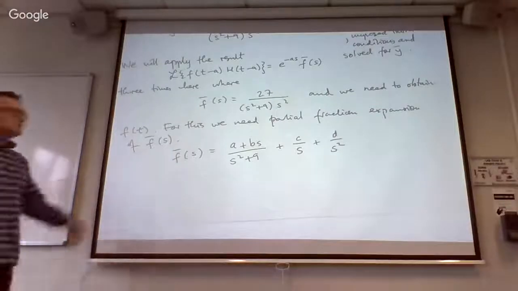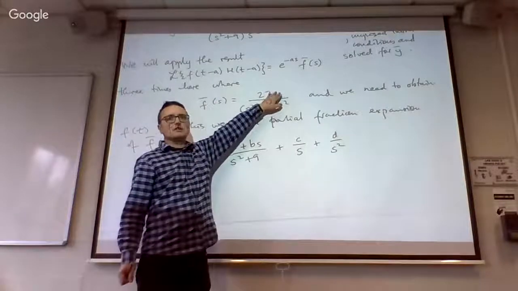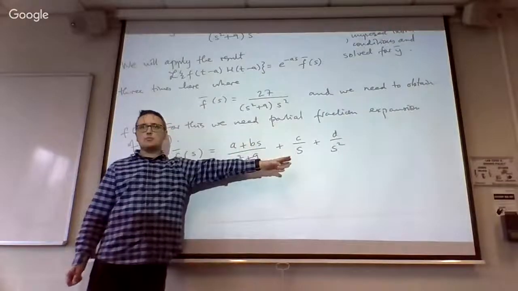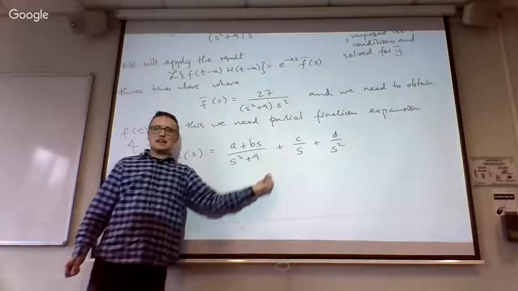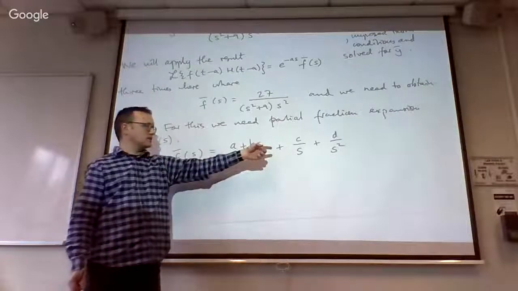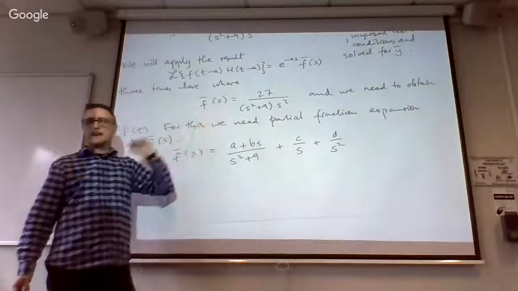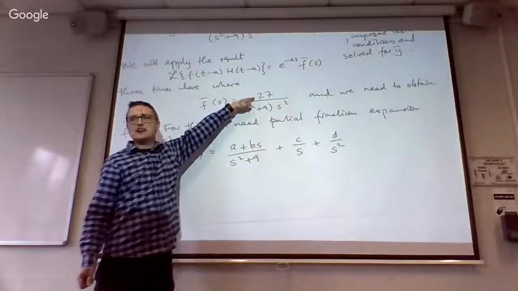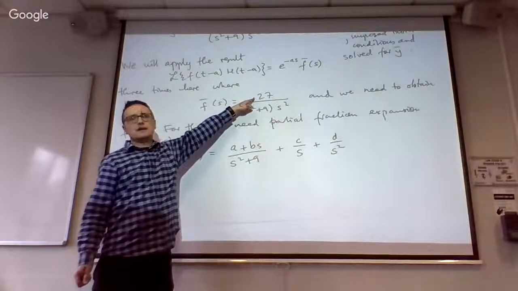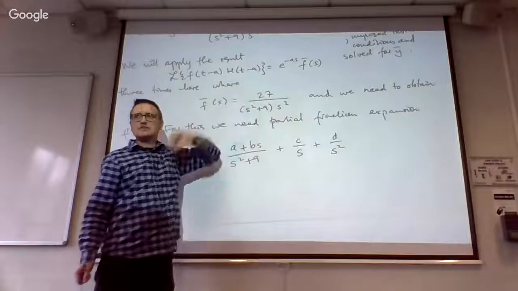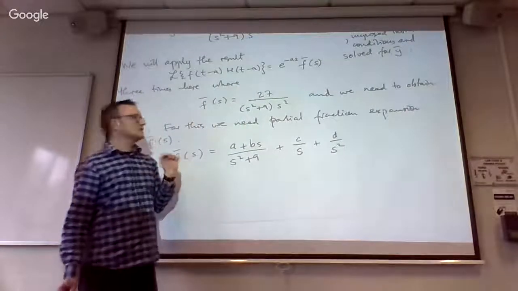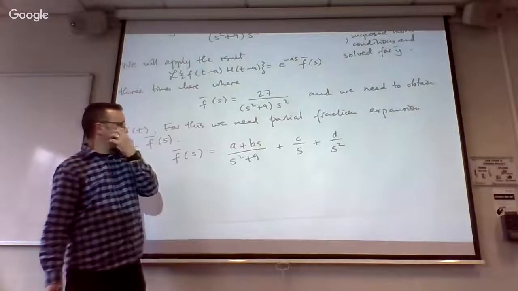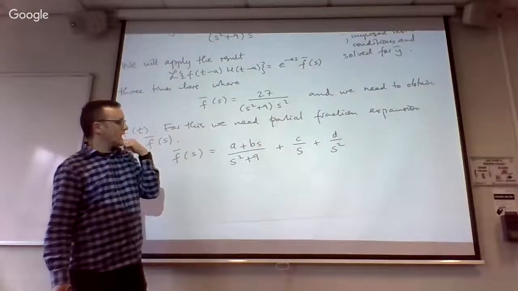However, in general, if you just had a typical numerator there, you'd have to consider that you might have all of these parts here. You have to collapse it again, look at the behavior of the numerator, compare the coefficients of s, and so on. But in this case, the numerator is just a single constant. So we can fairly reliably just shortcut the process of getting the partial fraction expansion.